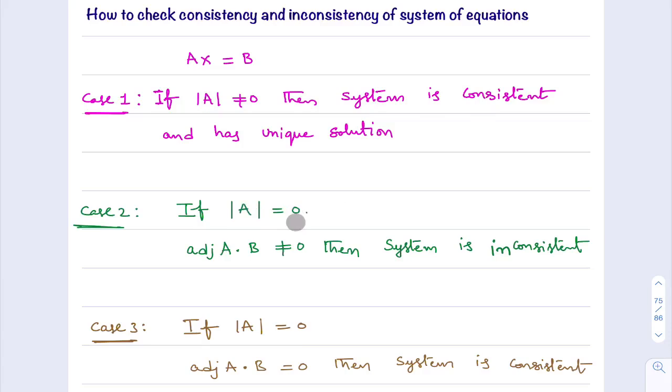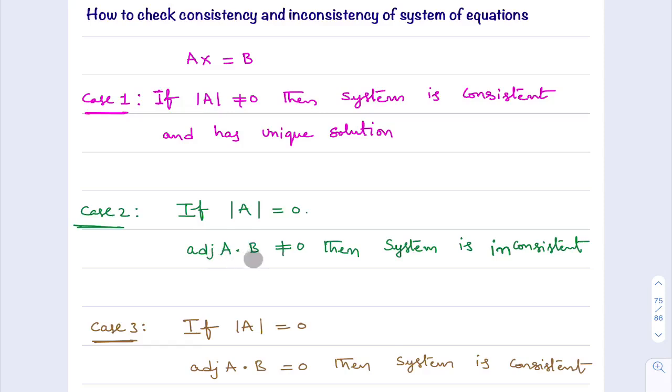In case you calculated det A and got the answer 0, then you need to calculate adjoint A times B. Adjoint A you learned in the earlier classes, in the last exercise. What is adjoint A? The transpose of the cofactor matrix is called adjoint A. Adjoint A is a matrix, B is a matrix.